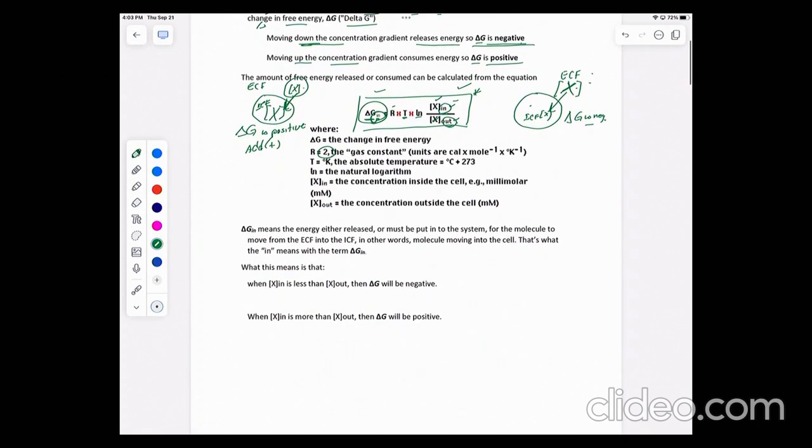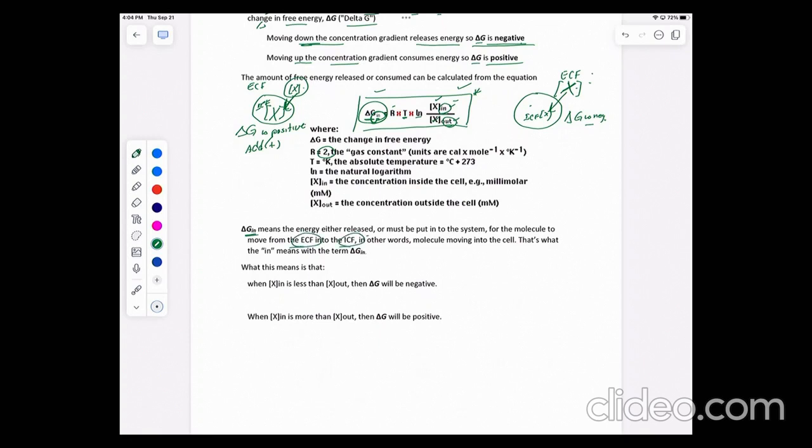Okay, so let me develop this a little bit more, and this is basically the same thing I just told you. The delta G in means the energy either released or must be put into the system for the molecule to move from the ECF into the ICF.